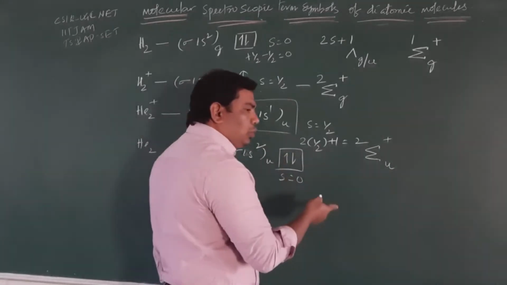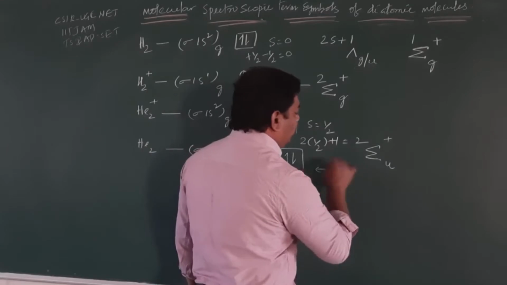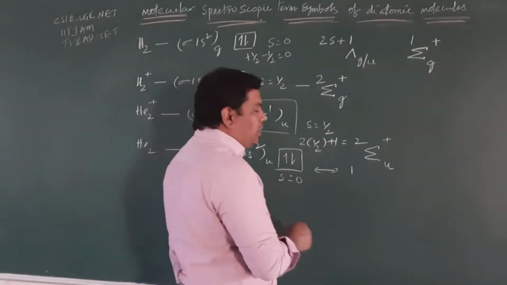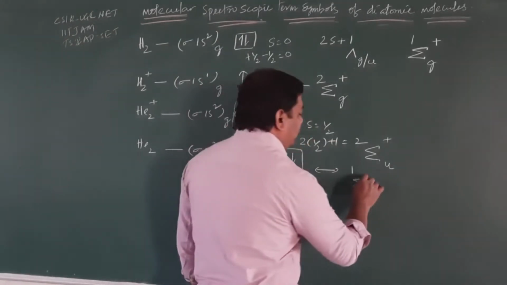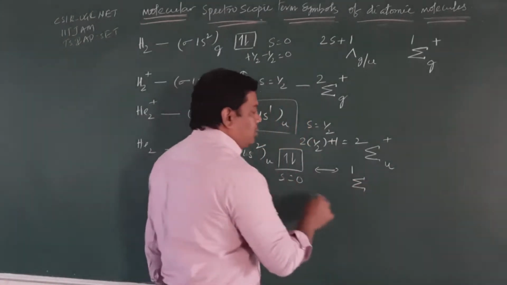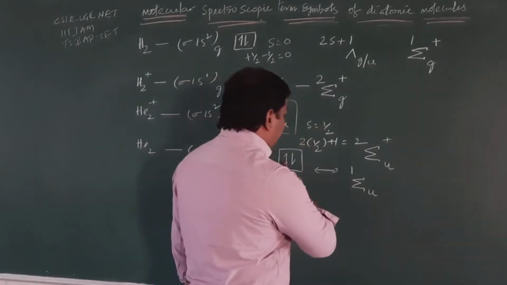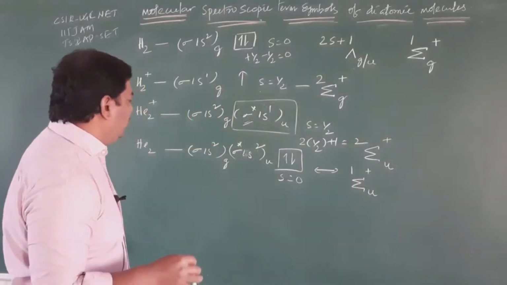So therefore 2 into 0 plus 1, that is equal to 1, student. So therefore spin multiplicity is 1 and the electron is present in sigma level. So therefore you can write sigma, and here it is ungerade, so you can write u as a subscript. So what is the superscript, student? Plus only. Plus only, right?